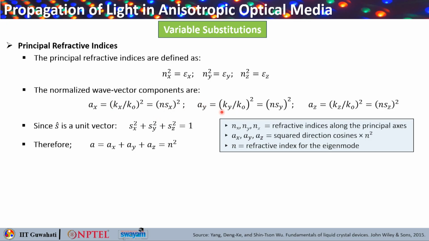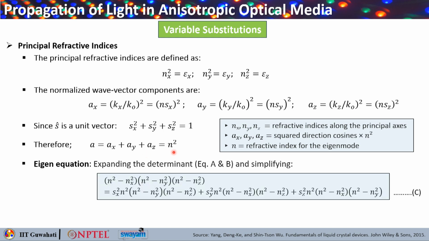So, this can be used in this equation also, and you can write A equals Ax plus Ay plus Az, that will be equal to n square. So, if you expand the determinant of equations A and B, and simplify, this is what you get: (n square minus nx square) into (n square minus ny square) into (n square minus nz square) will be equal to this. So, this is the eigen equation.